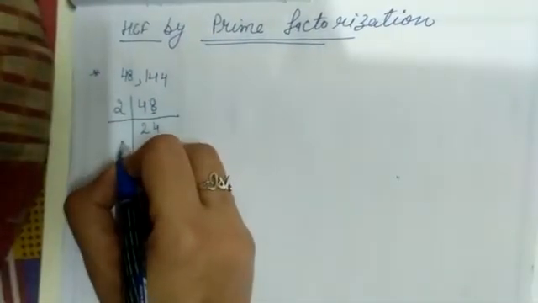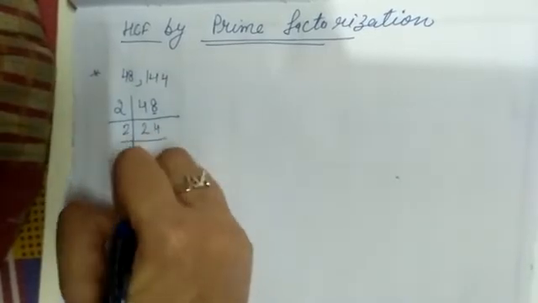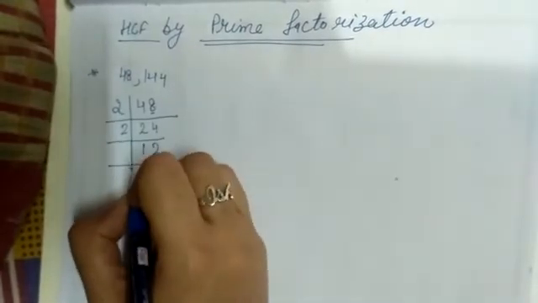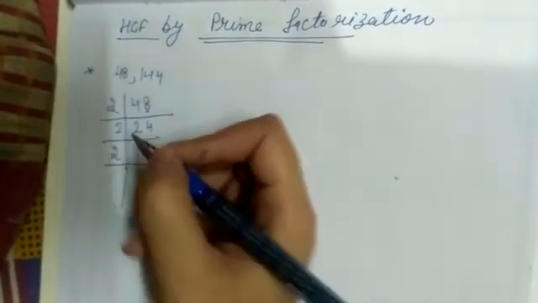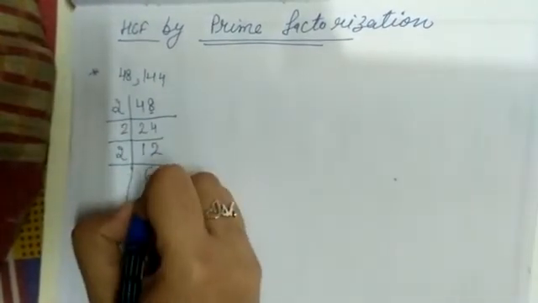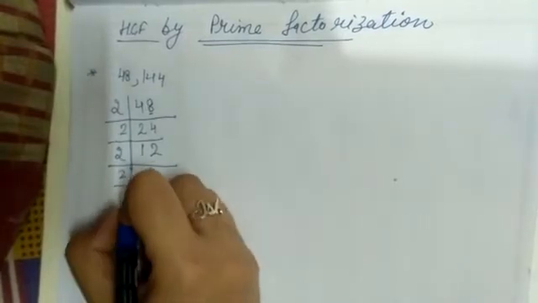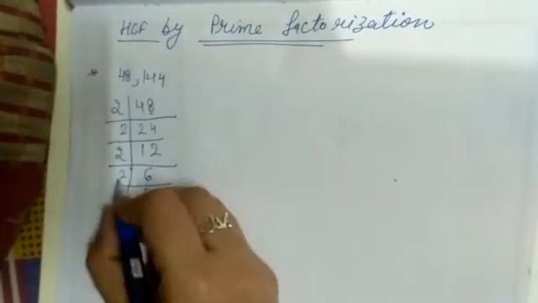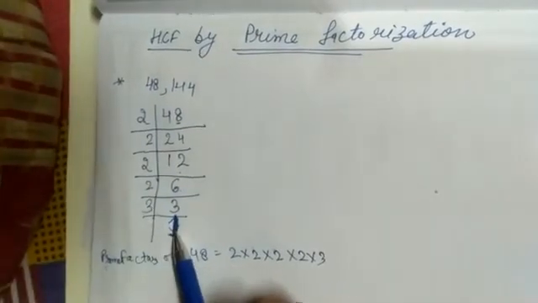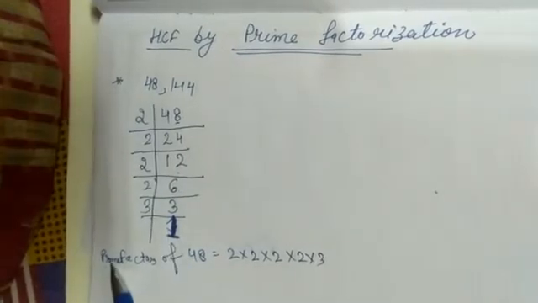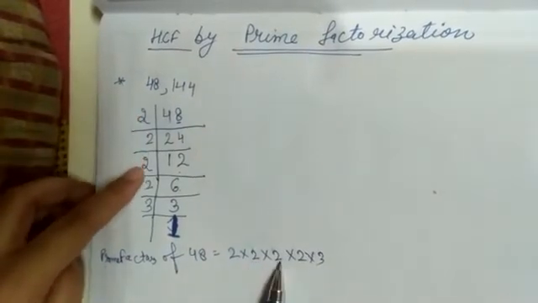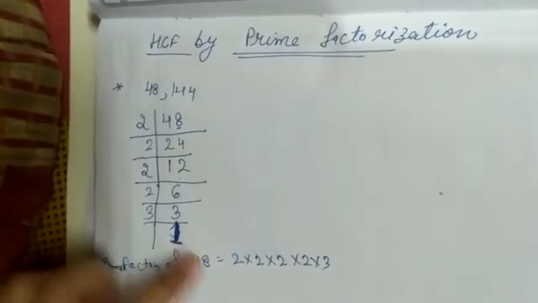Again it is even, divided by 2, I'll get 12. Again divide by 2, I'll get 6. Again even, so go by 2, I'll get 3. 3 is a prime number, so I divide 3 by 3 and get 1, right? Now I have written the prime factors of 48 here: 2, 2, 2, 2 and 3. We will not write 1 here.